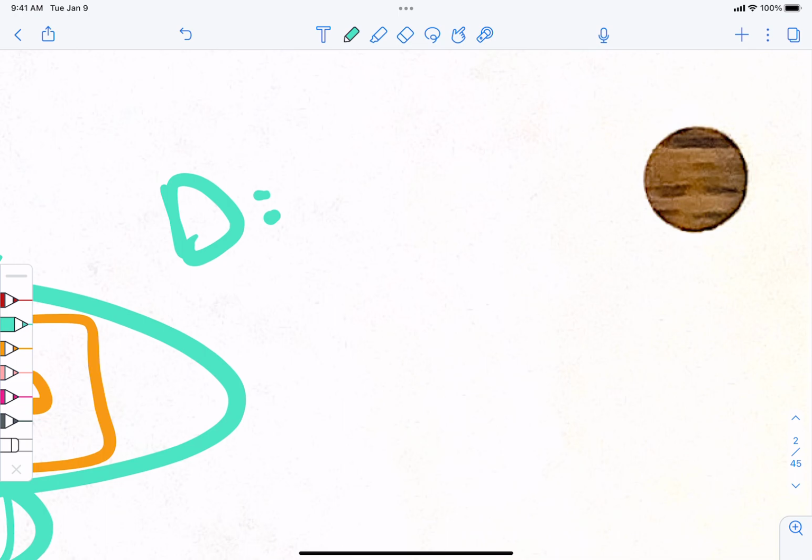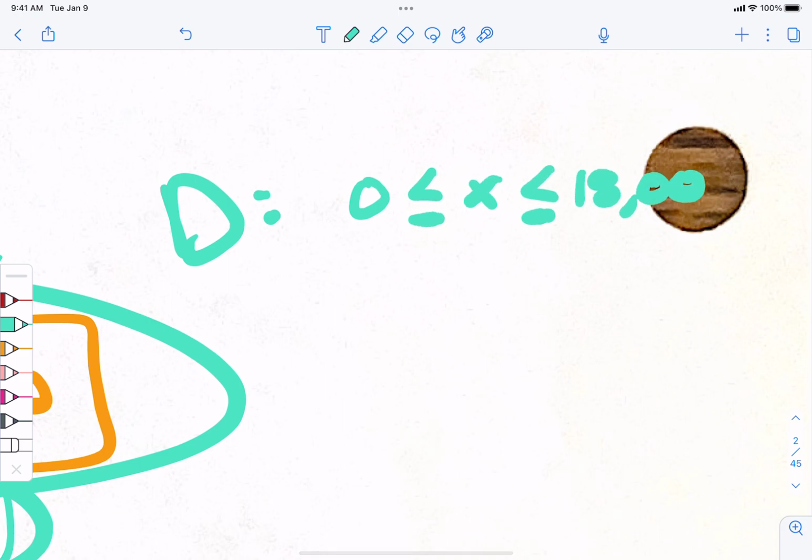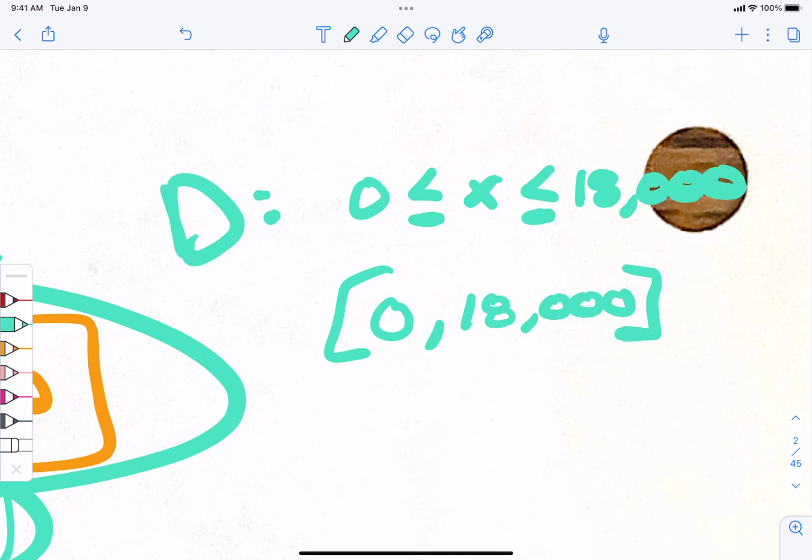But what's the absolute minimum I can produce? 0, right? So it's going 0 all the way up through 18,000. That's my upper limit. I can't produce any more than 18,000. Good. If you want to write it in interval notation, it would be brackets like this. This means the same thing. I don't care how you write it.